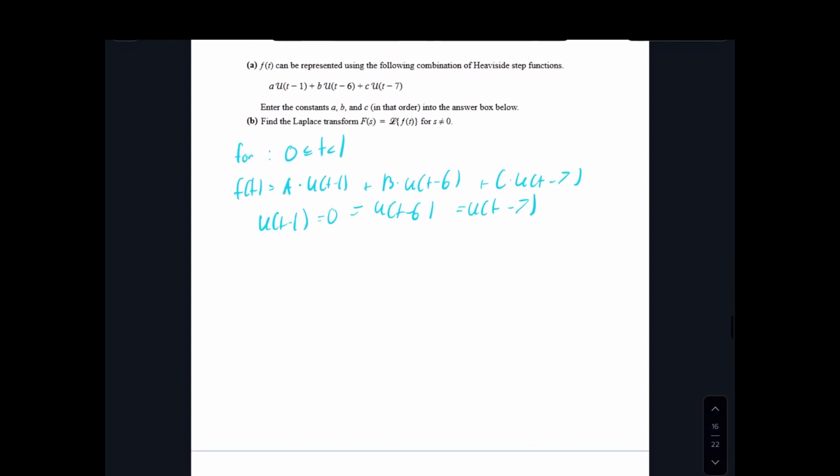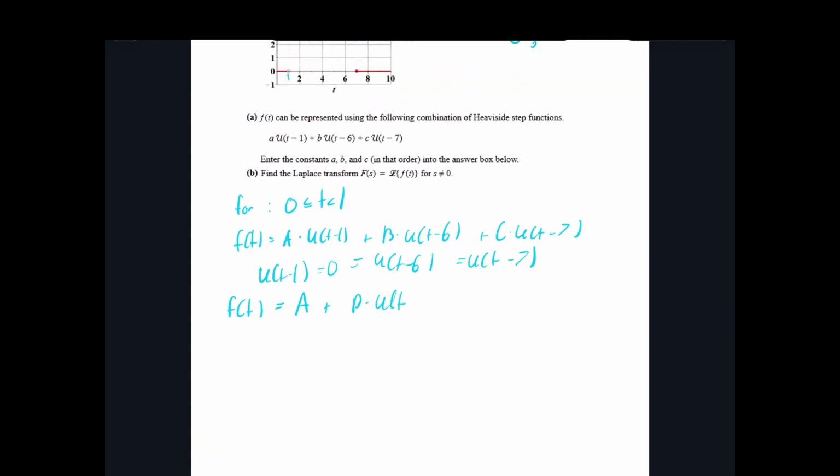Remember that this is with respect to my u's. My real function is f at t equals a times u at t minus 1 plus b times u at t minus 6 plus c times u at t minus 7.